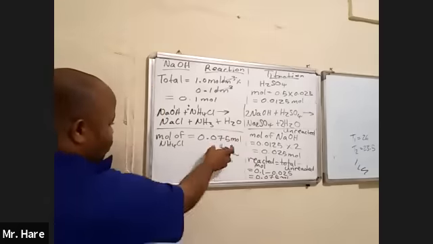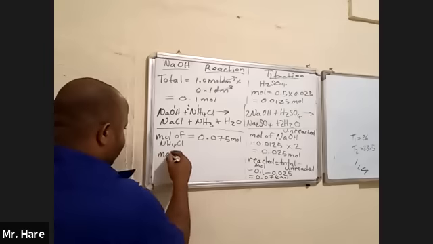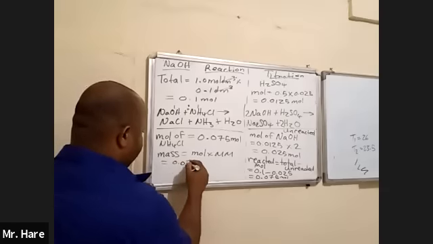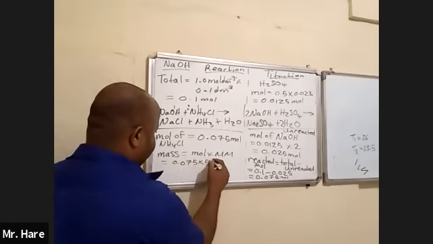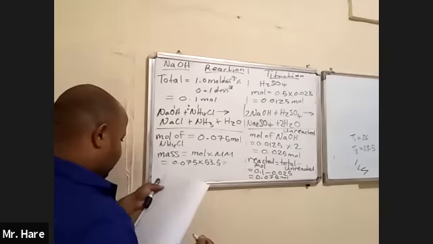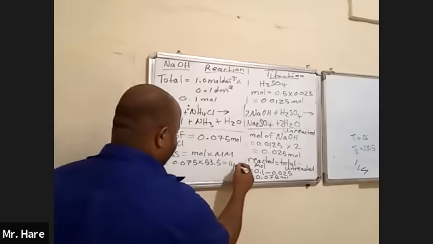And once you have the moles, you can go ahead and get the mass, which is mole times molar mass. So that is 0.075 times 53.5. And we should get 4 grams.